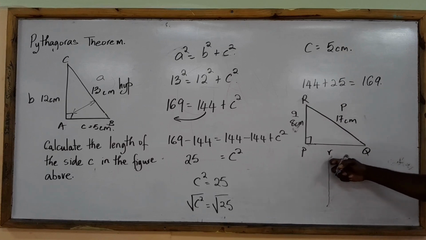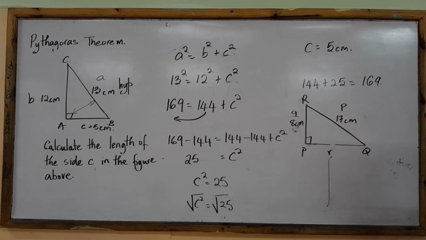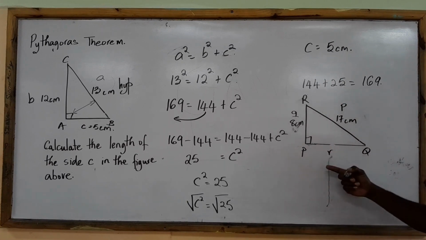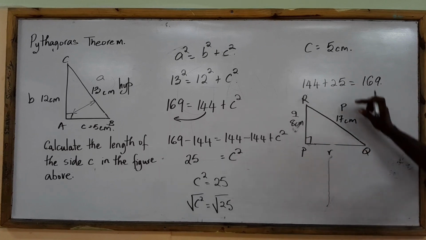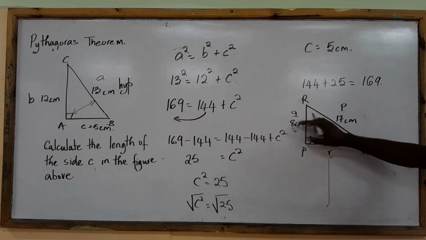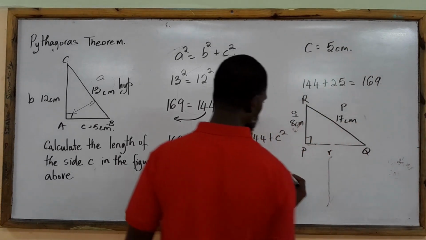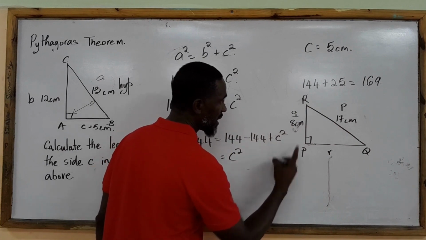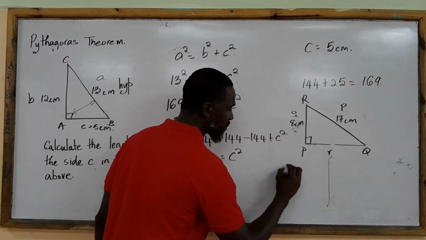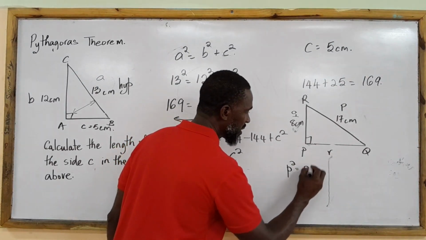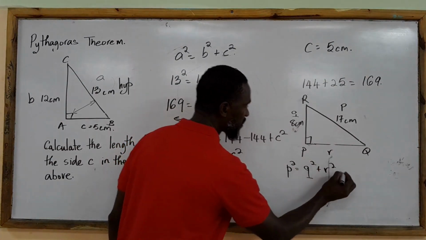What is it that we want to find here? We want to find side r. Is it the hypotenuse that we want to find? No. Since we don't want to find the hypotenuse, we are going to apply the same concept. If we substitute these letters instead of A, B, and C, let us use the letters first. It would be p squared is equal to q squared plus r squared.